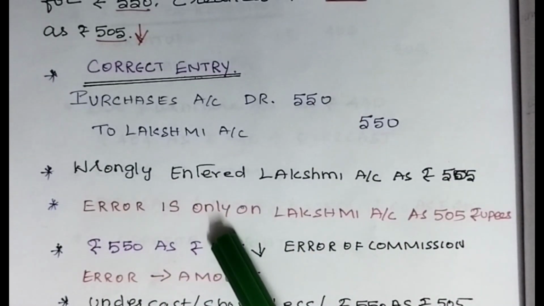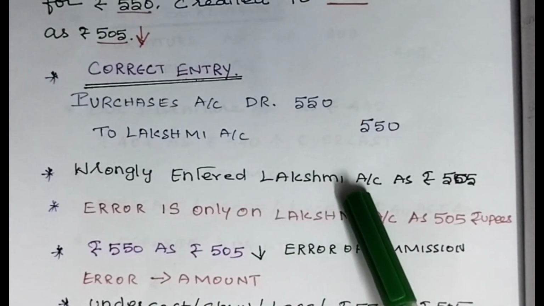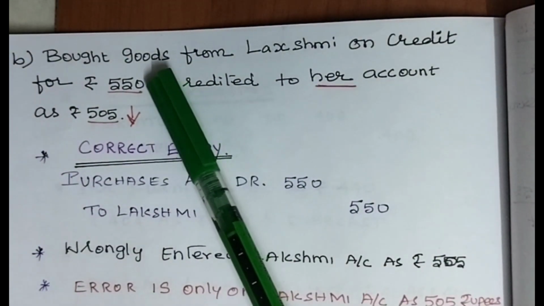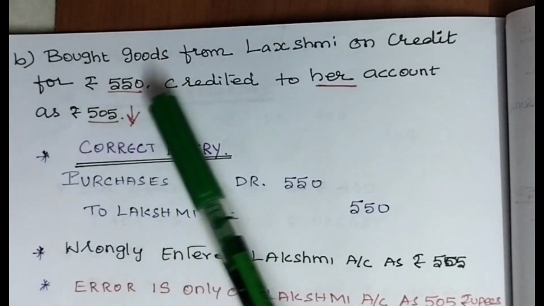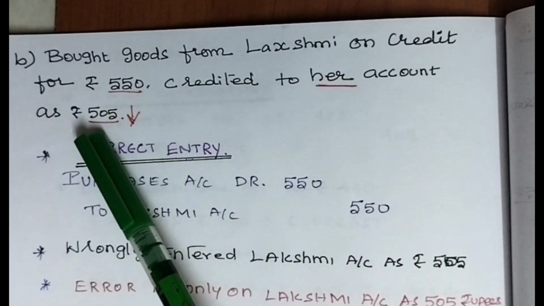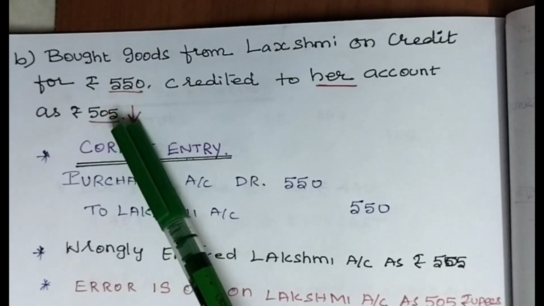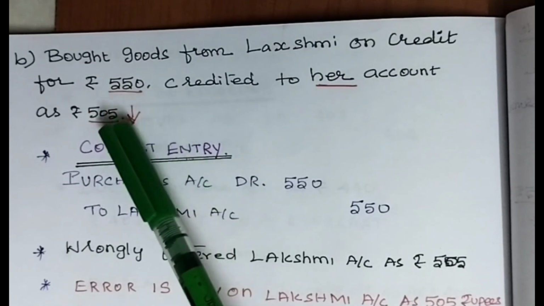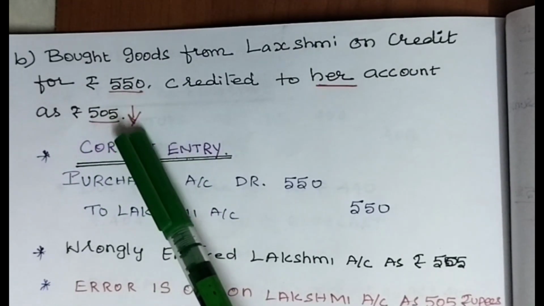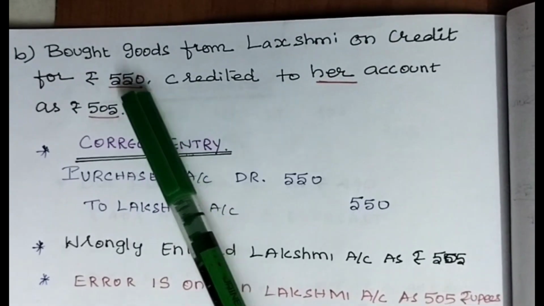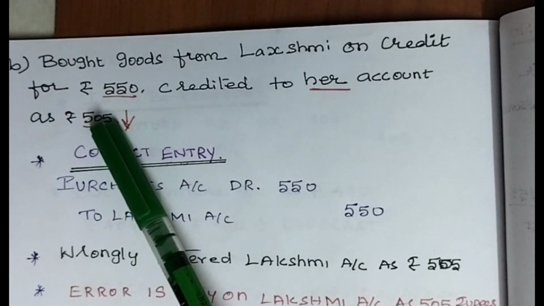Okay, so Lakshmi account was wrongly entered as 505. Instead of 550 rupees, an accountant wrongly entered her account as 505. That is undercast, a shortage. So Lakshmi account shows a 505 rupees shortage. Okay, less, shortage, undercast. Instead of 550 rupees it has 505.